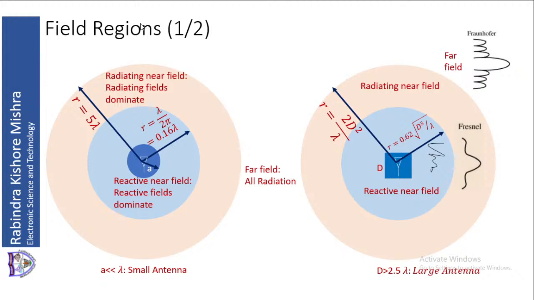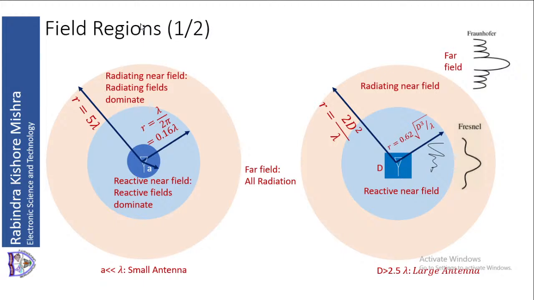For example, the dish antennas on the towers are all large antennas, and the antennas in your mobile phone are called small antennas. For large antennas, again we have the same type of fields: reactive near field, radiating near field, and far field.